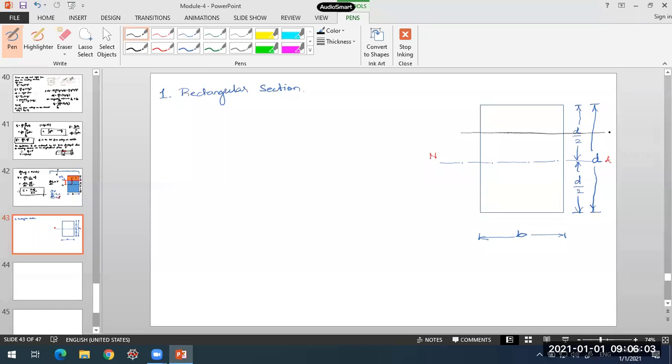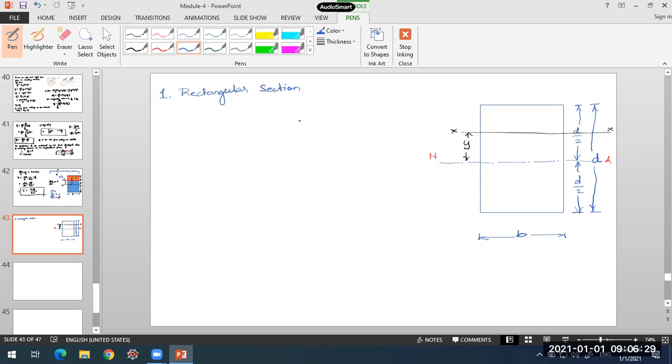This is the section at which we want to find the shearing stresses. Let us say this is xx and it is at a distance y from our neutral axis. So I want to know what is the shearing stress developed at this section, at this point in this cross section at a distance y from the neutral axis. In this layer, what is my shearing stress over here?